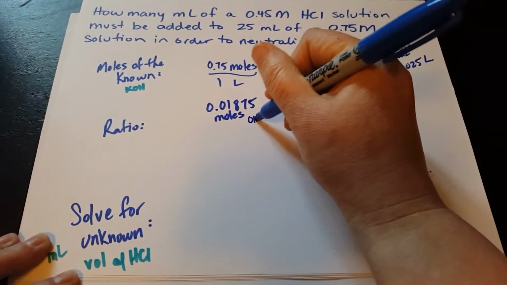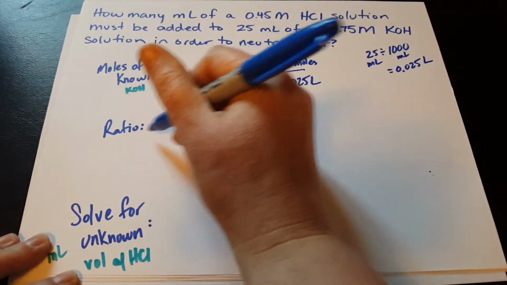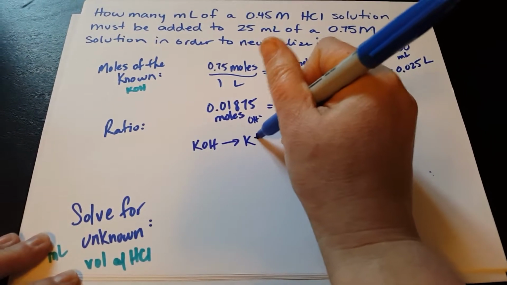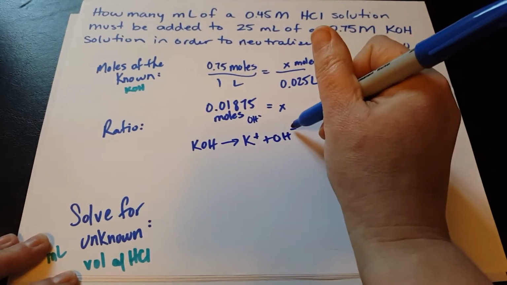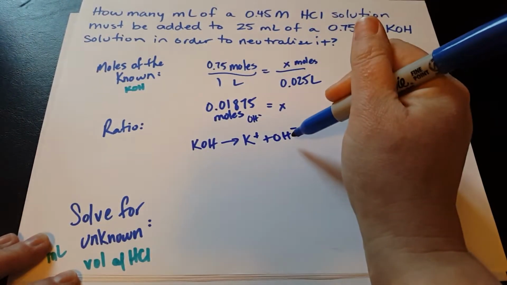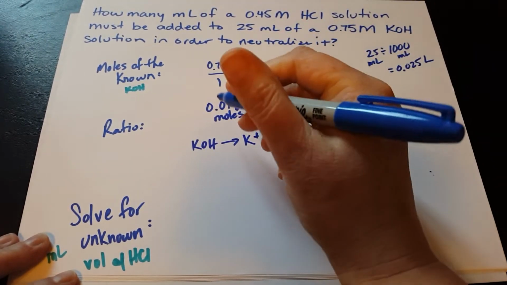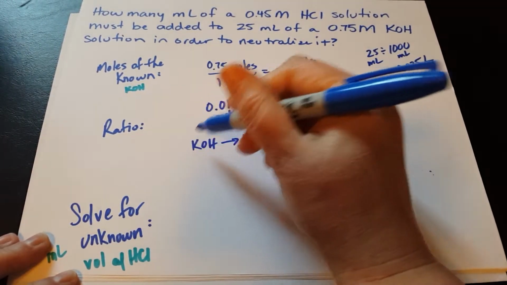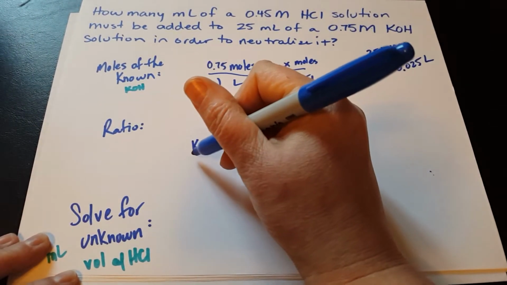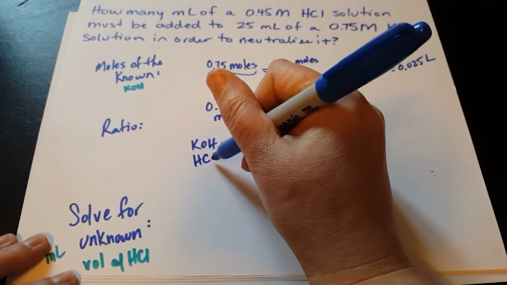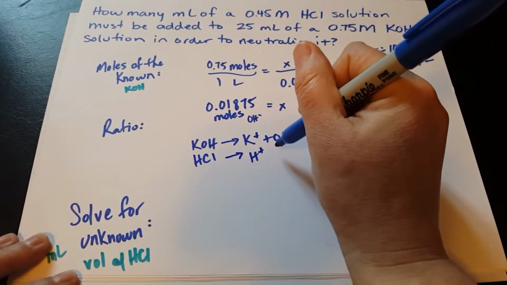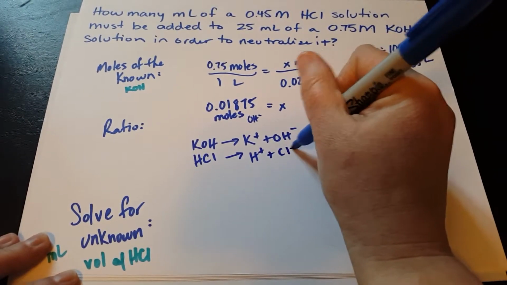Now the KOH itself has dissociated. So as part of our ratio step, we want to verify our proportions. The potassium hydroxide is dissociating into a 1-to-1 ratio, where there's 1 mole of potassium hydroxide and 1 mole of OH that's produced. And with the hydrochloric acid, it will also dissociate in a 1-to-1 ratio.